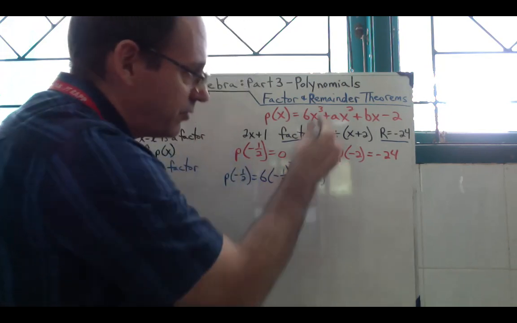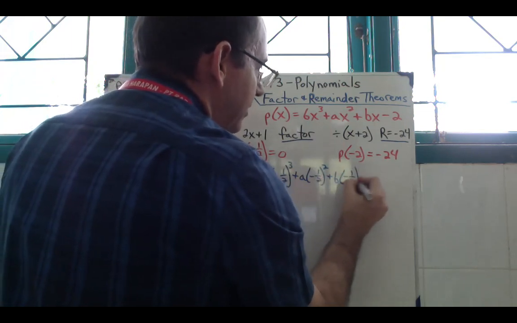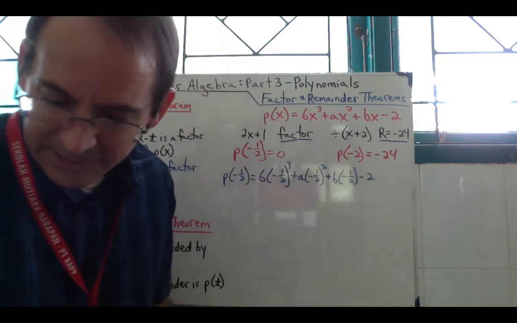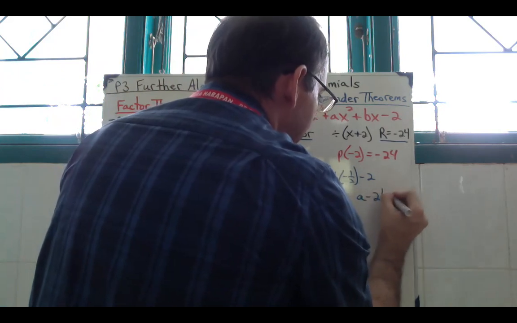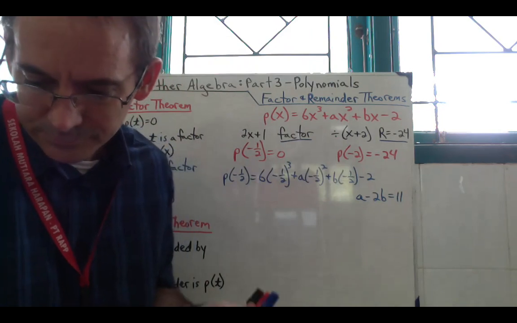You can actually put those into your calculator to help you do that a little bit more quickly. And when you work all this through and get rid of the fractions, you're going to end up with a minus 2b equals 11.